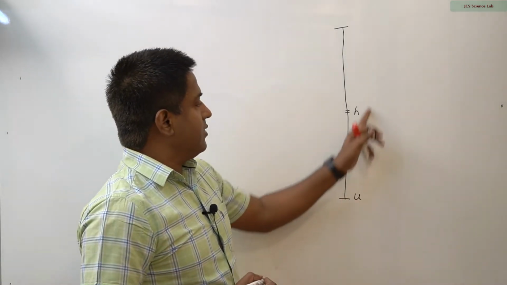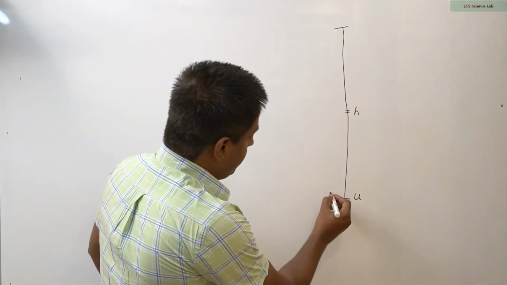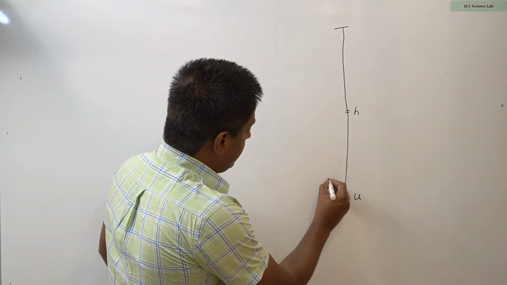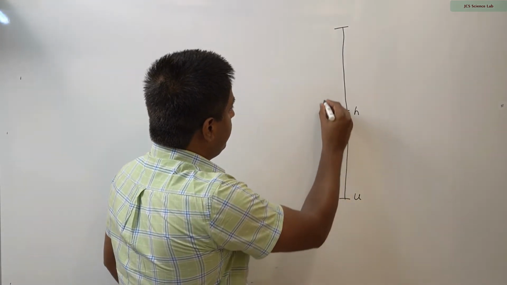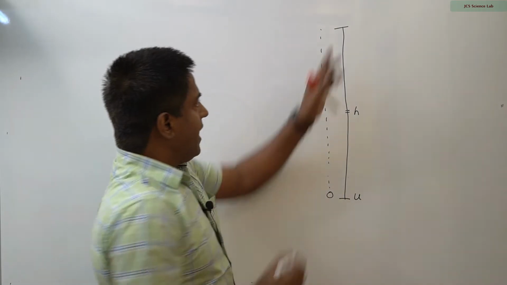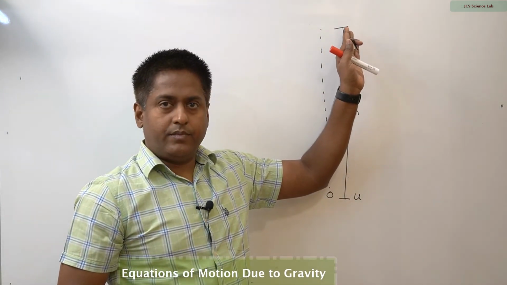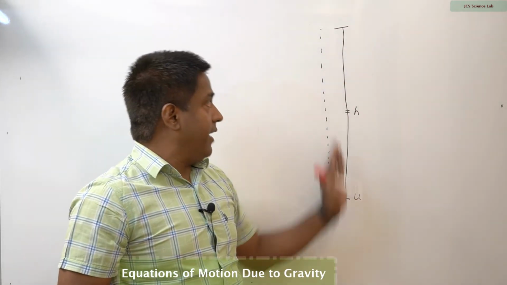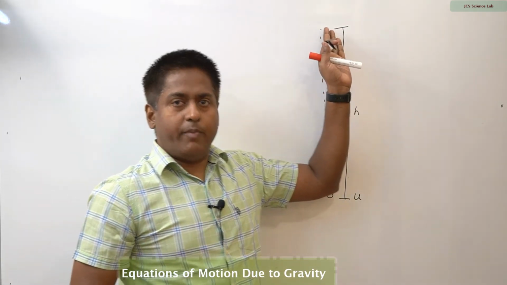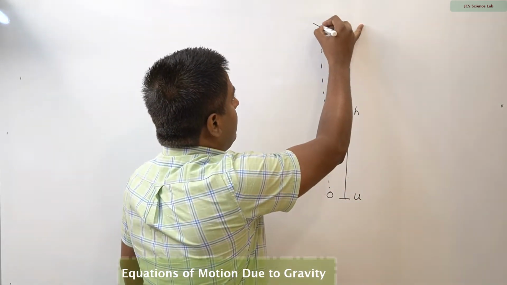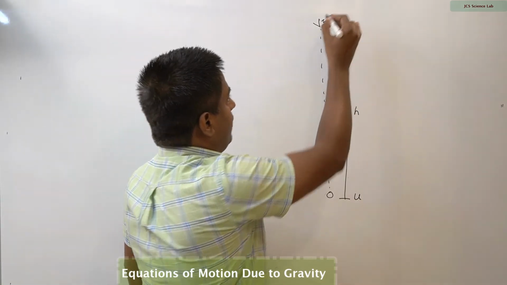And then the object starts moving upward, say this ball starts moving upward. Let's assume that this is the highest point this ball attained, and then it stops for a moment. It means the final velocity is 0.